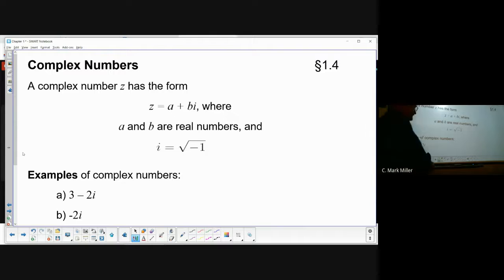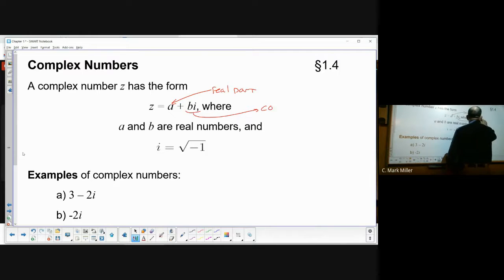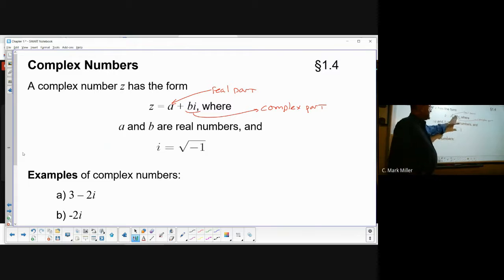This is the real part, and this is the complex part. If a is 0, you just have a purely complex number. So that number will not be on the number line.